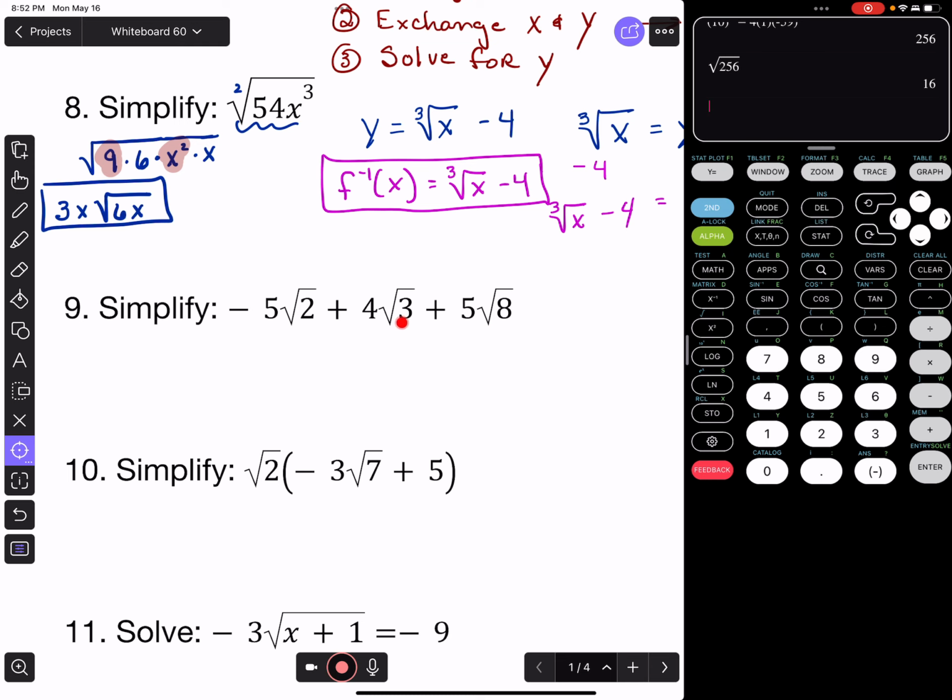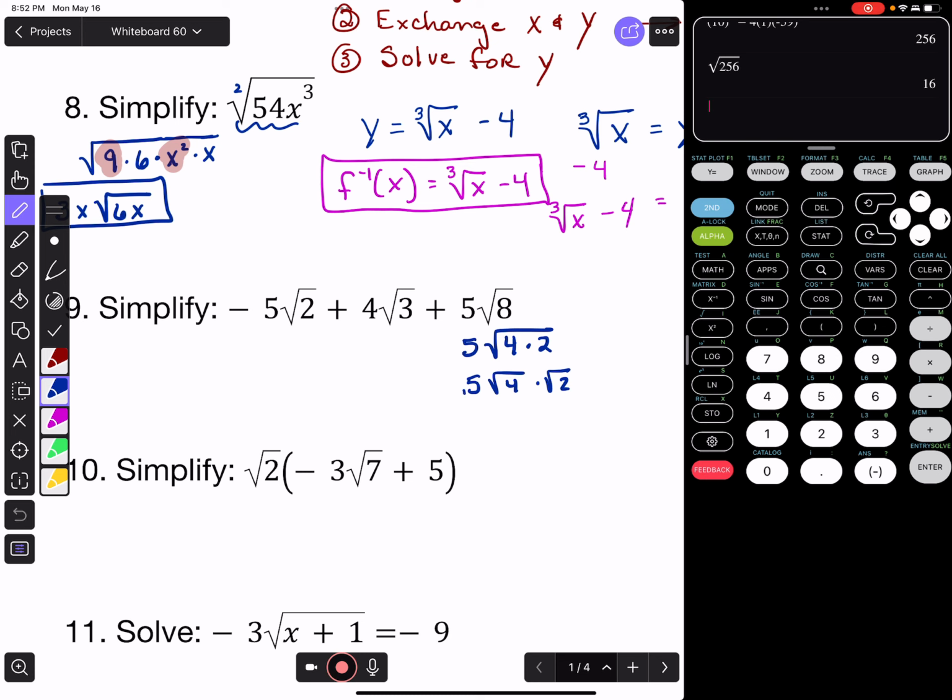Now, none of these can be simplified except this last one. And if you remember how we simplify, we use the multiplication rule for radicals, which says if I write it as a 4 times 2, I can separate them. And so now this is just 5 times 2, so 10 root 2.